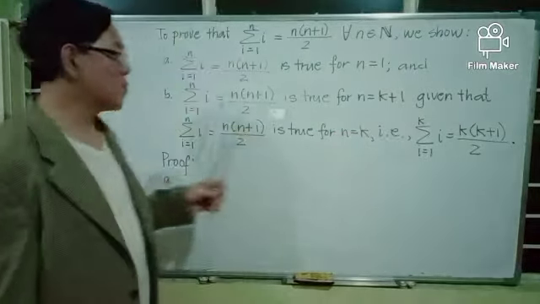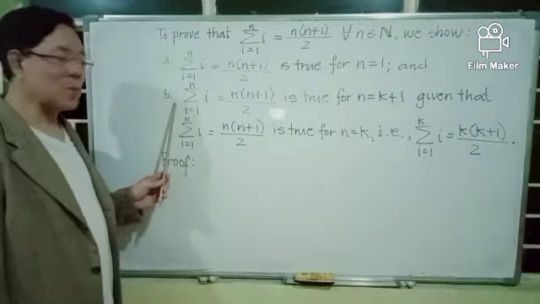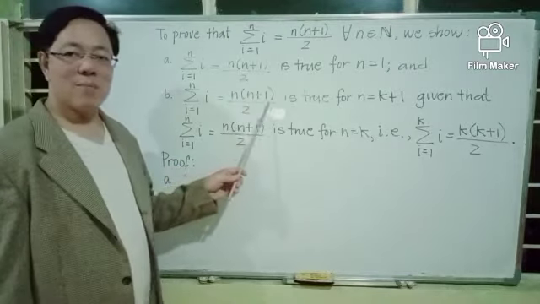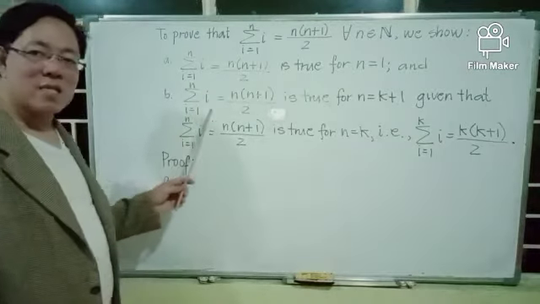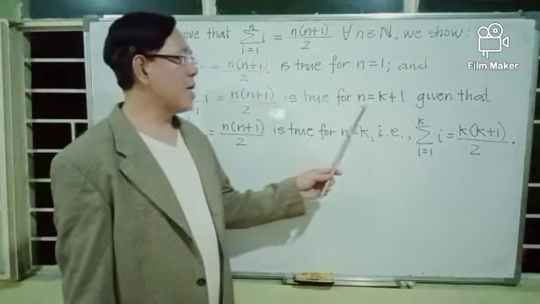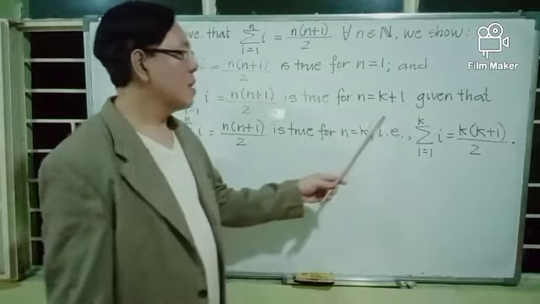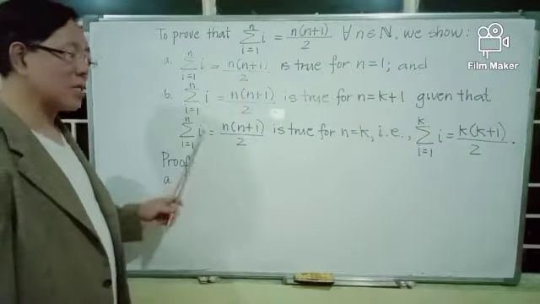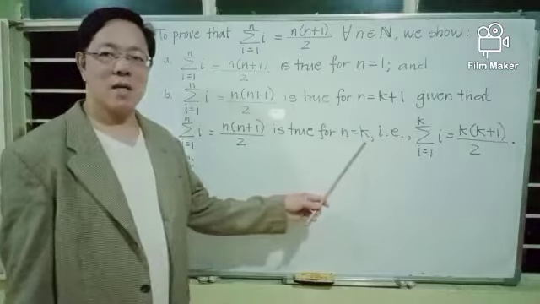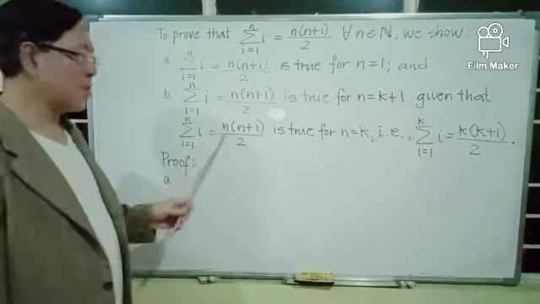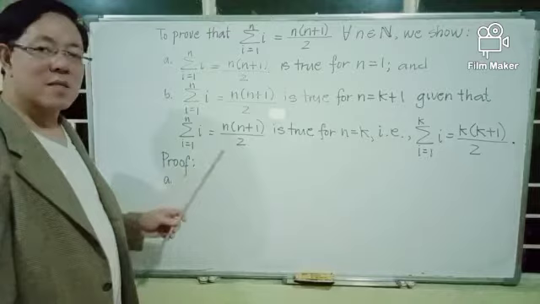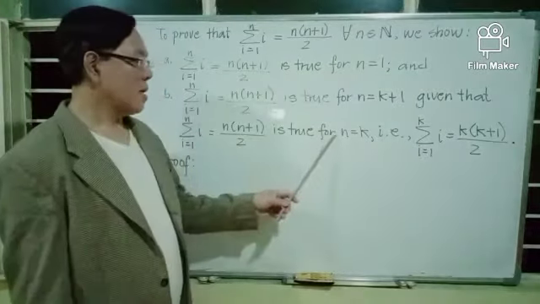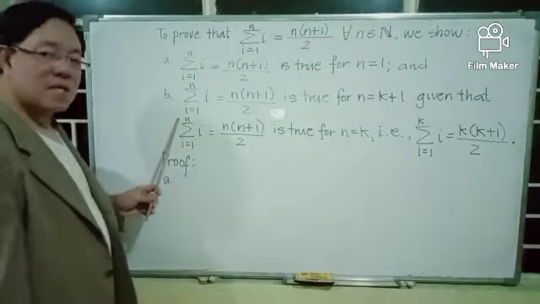And the second one we have to prove is, we must prove that summation of i is 1 to n equals n times quantity n plus 1 over 2, or we must show that this statement is true for n equals k plus 1, given that the statement is true for n equals k. In letter B, we take this statement to be true for n equals k. That is, if n equals k, replace n with k.